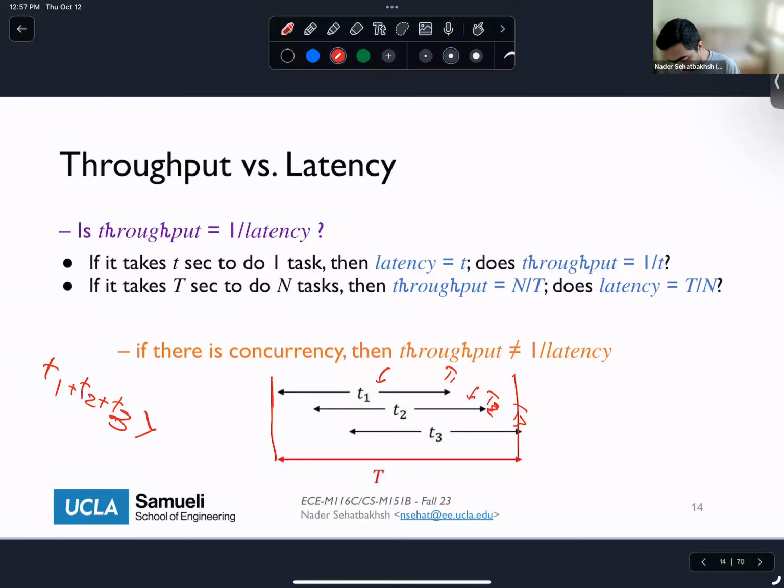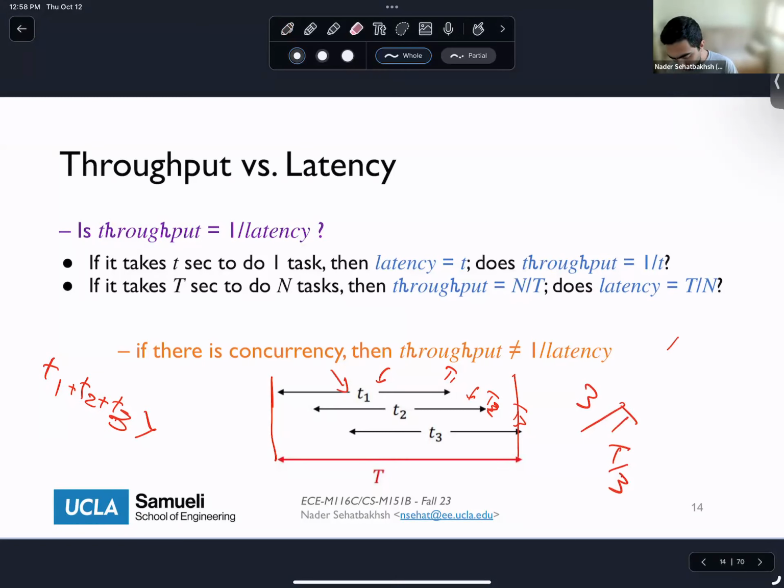So in this case, I finished 3 tasks in time T, so my throughput is the number of tasks, 3, over T. But the latency of each individual task is not T over 3. The latency of them, in fact, is much longer.